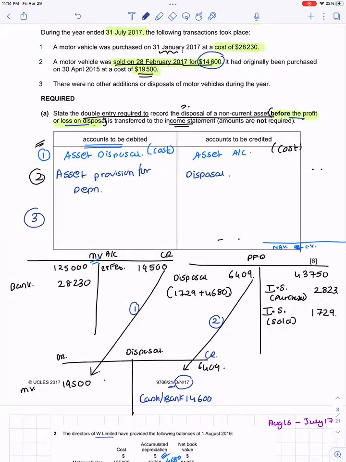They want only entries up till removing the asset from assets and depreciation from depreciation. I'm not saying they don't want you to calculate. Now give me the entry of receiving cash. Bank debit, motor vehicle credit, disposal credit. Okay, this is done. Part A is answered.